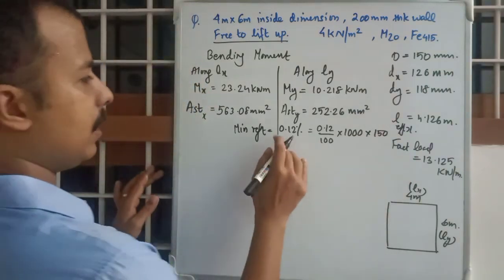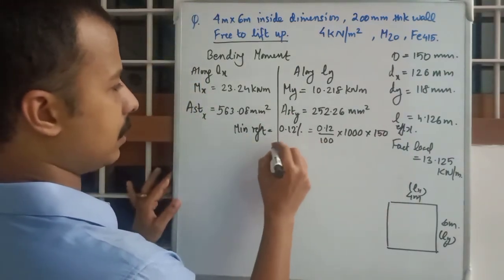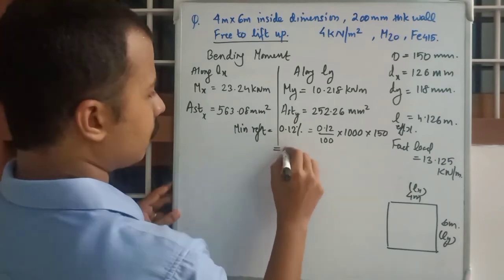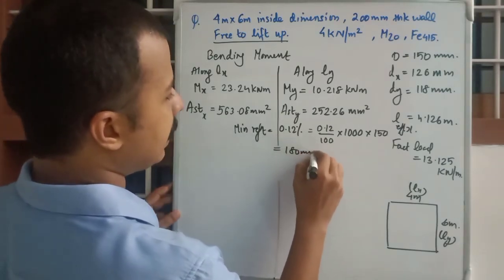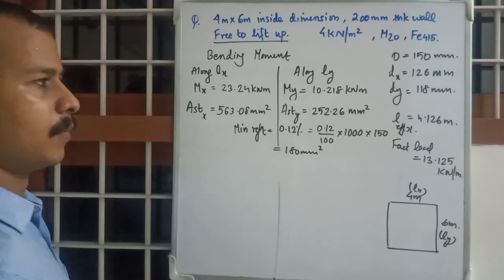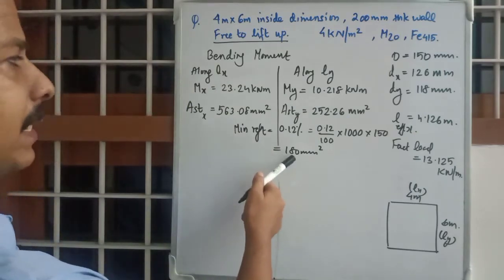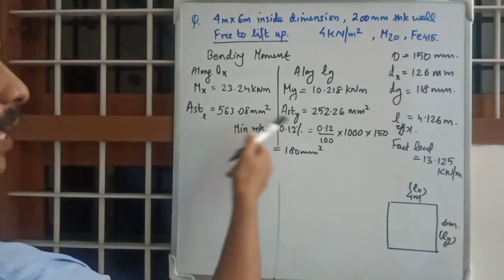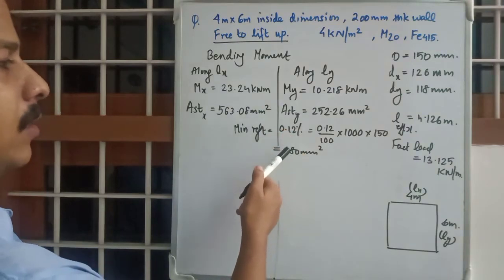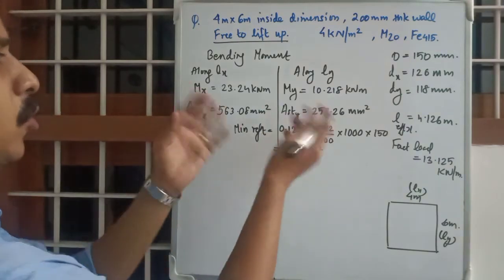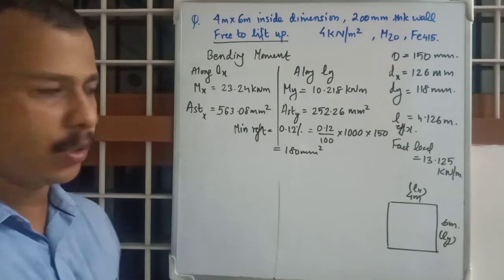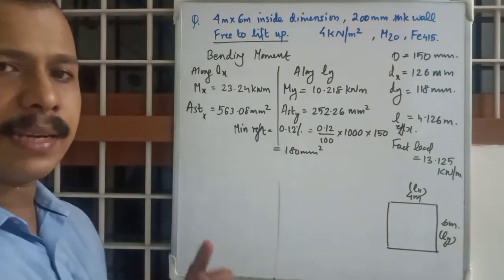Okay, that will be equal for both, right? That value is 180 mm square. Okay, so we'll compare this 180 with Astx and Asty. Obviously, this is the minimum reinforcement. The two values should be greater than 180. Okay, as it is, these two values are greater than 180.